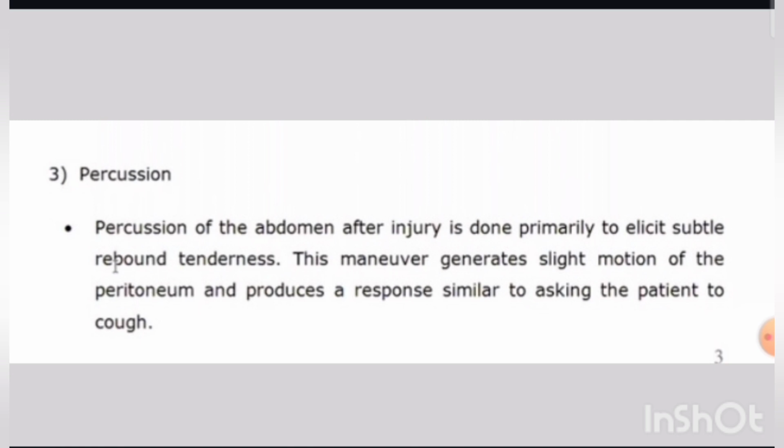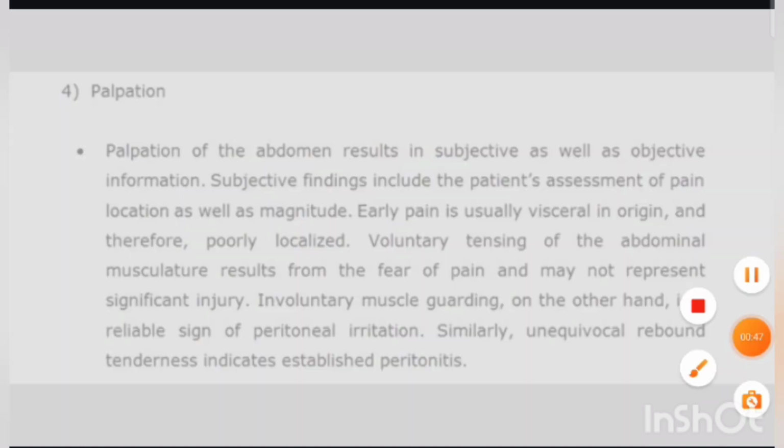This maneuver generates slight motion in the peritoneum and produces a response similar to asking the patient to cough. It means that when pressure is increased in the abdomen, the person is stimulated to cough.